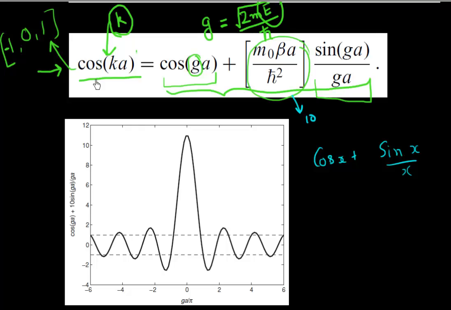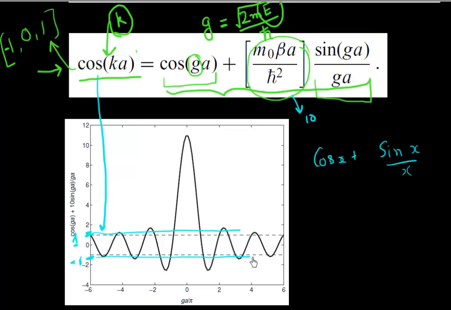While on the left hand side, I have essentially a cosine function. So this always has to be between 1 and -1. So what I see is that again, I hit this eureka moment. What I clearly see over here is that only certain values of energies are allowed, because my cosine function has to be between -1 and 1.